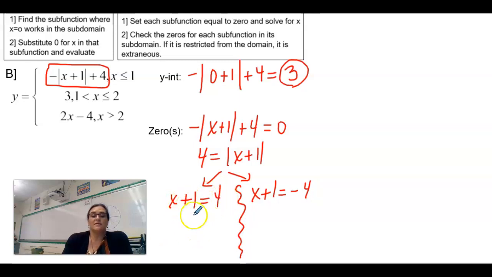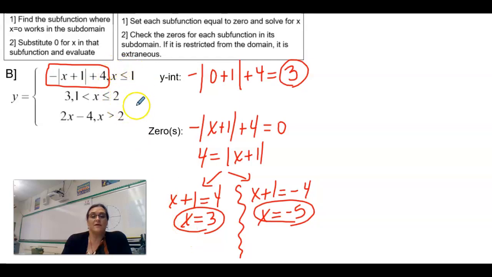So here, if I subtract 1 from both sides, x equals 3 would be the 0. And on this side, if I subtract 1 from both sides, x equals negative 5 would be a 0. Now I have to check them against their subdomain to see if they work. So with this first one, is 3 less than or equal to 1?